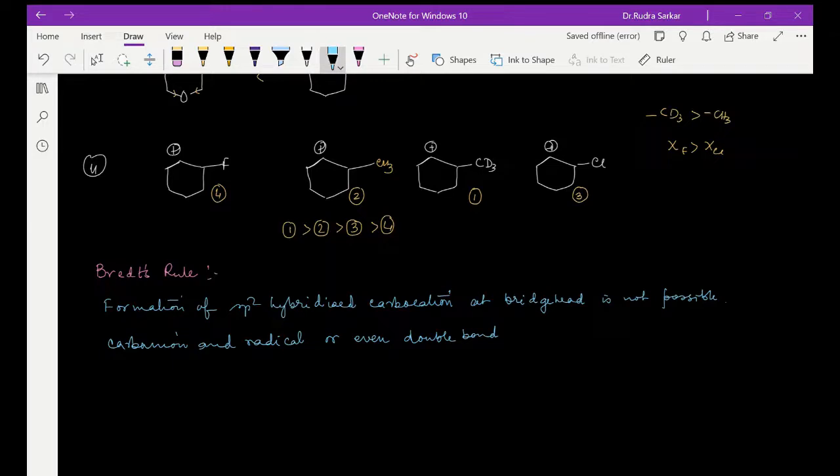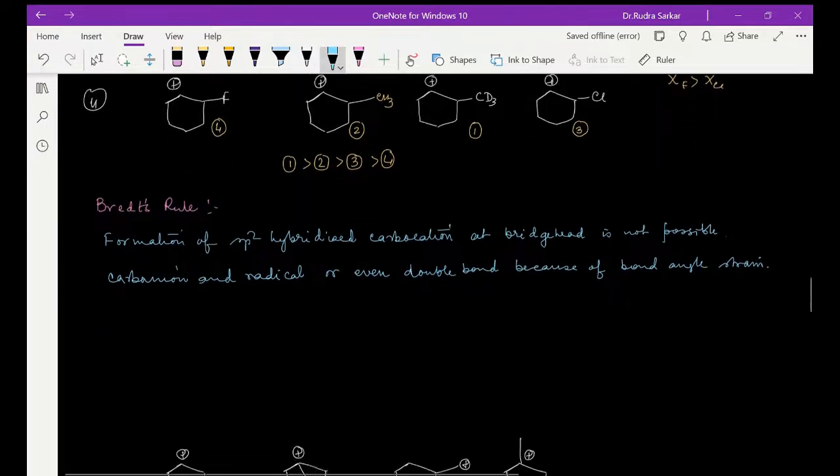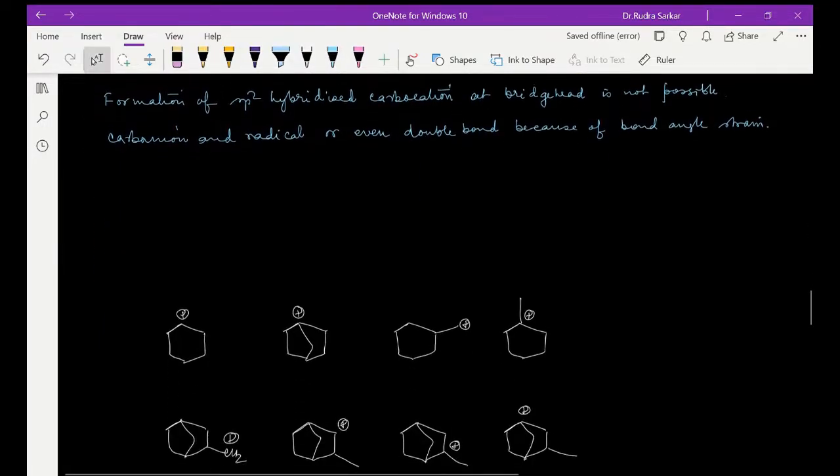In case of double bond and radical, both the carbons need to be sp2, so sp2, as already mentioned, is not possible. And why is this not possible? Because of angle strain, as I said, bond angle strain. So let's take up some problems which are given below.